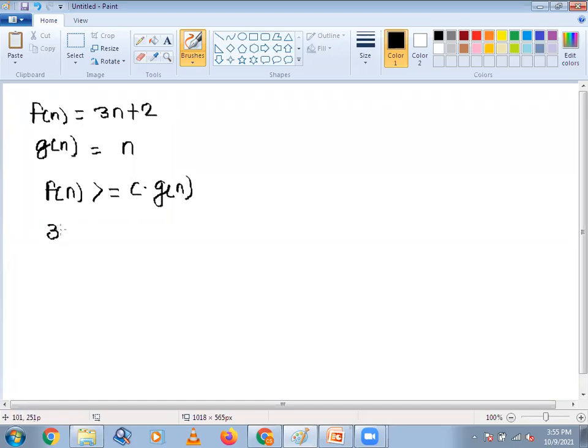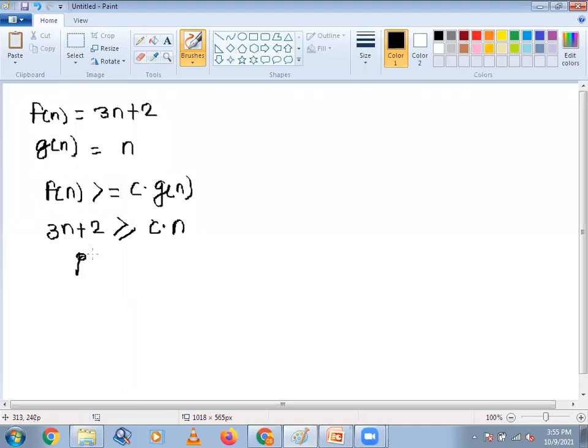So 3n plus 2 is always greater than or equal to c into n.